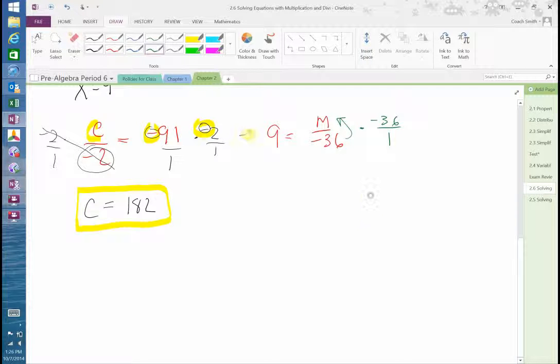You multiply both sides by negative 36. 9 times 6 is 54. Carry my 5. 9 times 3 is 27 plus 5, 32. And I have one negative sign, one positive sign. So negative 324.